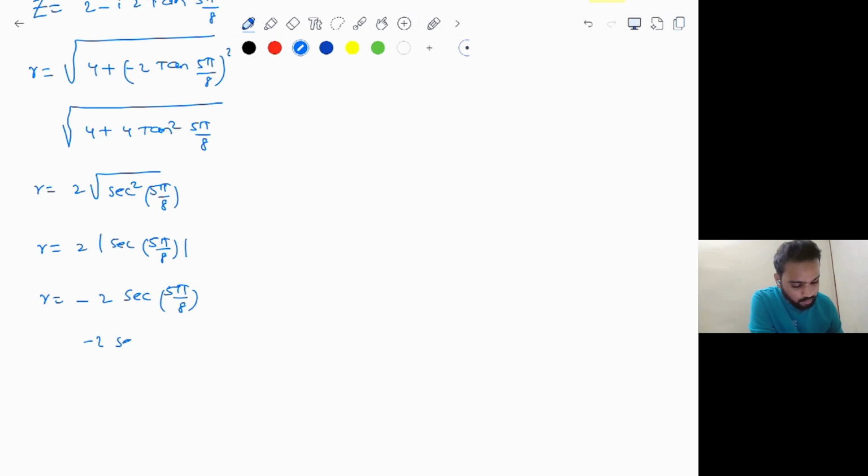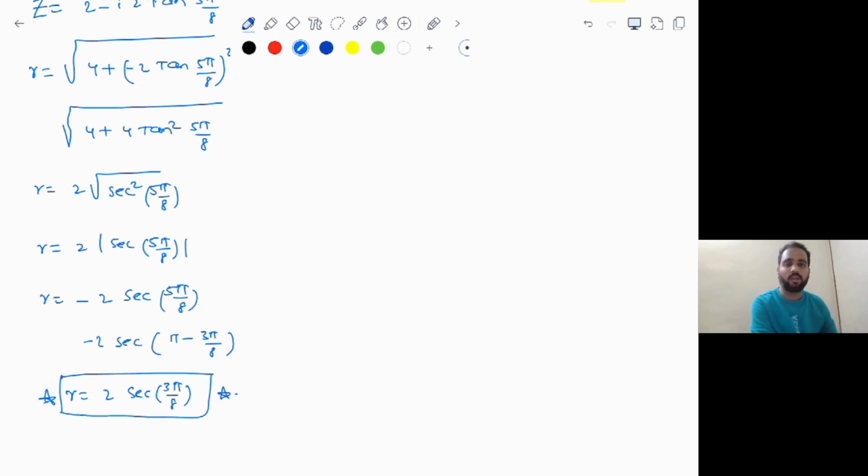I can also write this as minus 2 into secant of 5π by 8, where 5π by 8 is π minus 3π by 8. And finally, secant of π minus theta will be minus secant theta. So you can also write r is equal to 2 into secant of 3π by 8. As I told, based on the options, we have to proceed for the value of r.